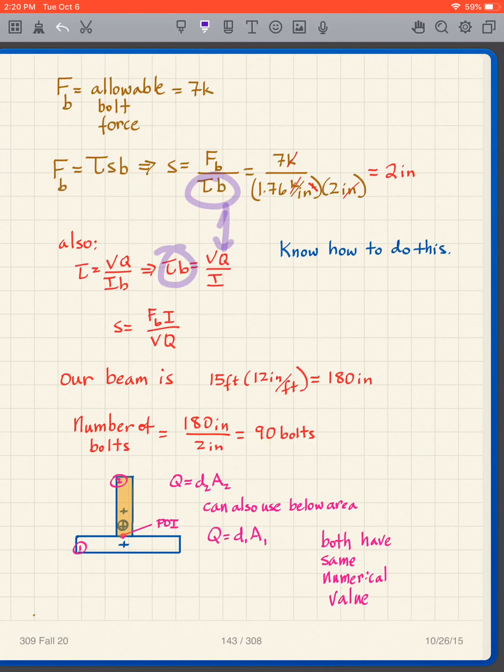So there's a little bit of a shortcut. We don't have to deal with the B. So either way, you can simply use that equation for the spacing, or you can do it this way. Either way is fine.